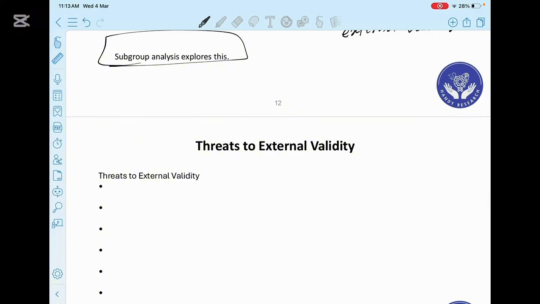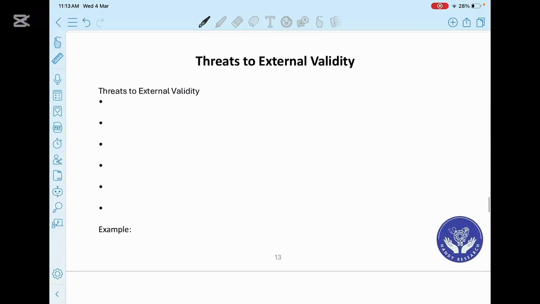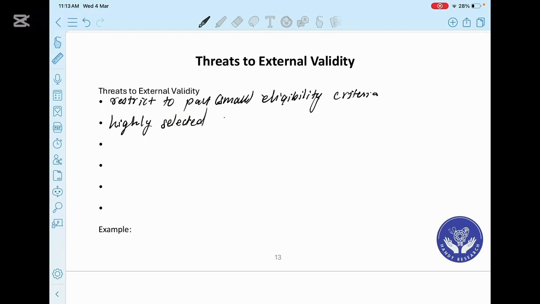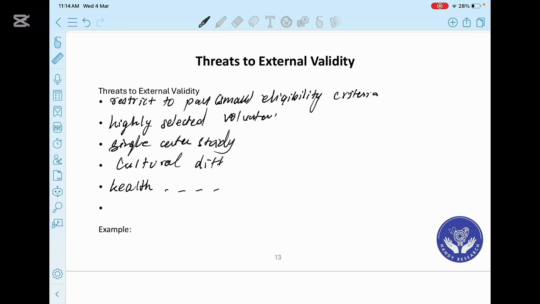So what are the threats to external validity? If the study is restricted to a very narrow eligibility criteria, highly selected volunteers, a single center study, cultural differences, healthcare system differences, and different baseline risks.